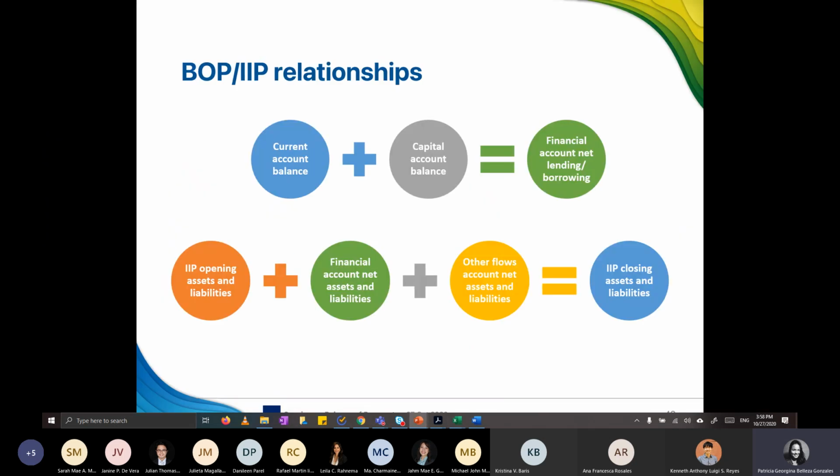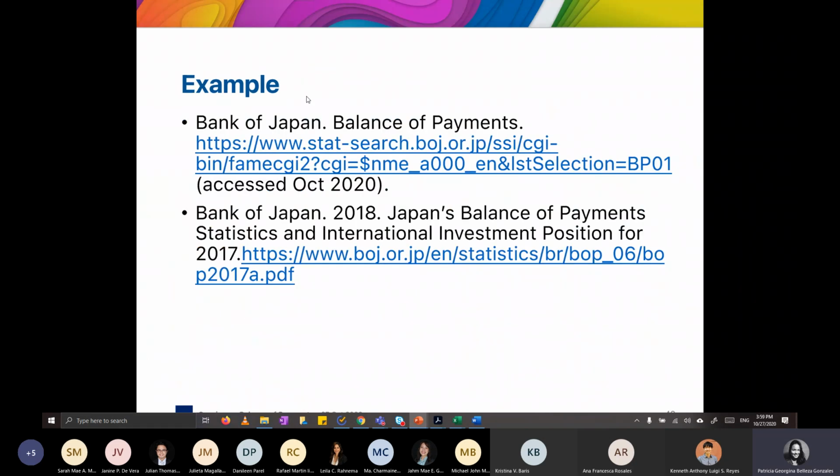So some final notes. These are the BOP relationships that we kept on circling around throughout the discussion, so I won't repeat it another time. I think it's pretty established by now. And then for the example, I just showed you the Bank of Japan's balance of payments.